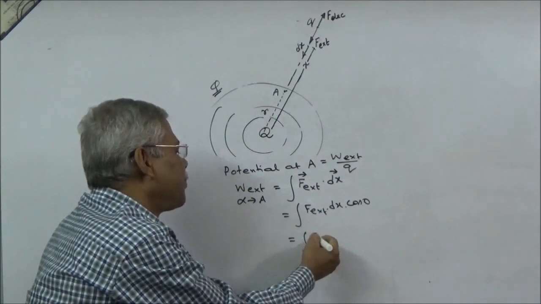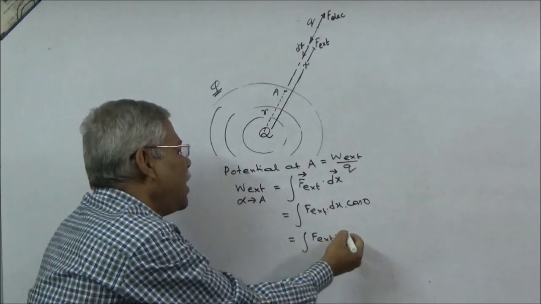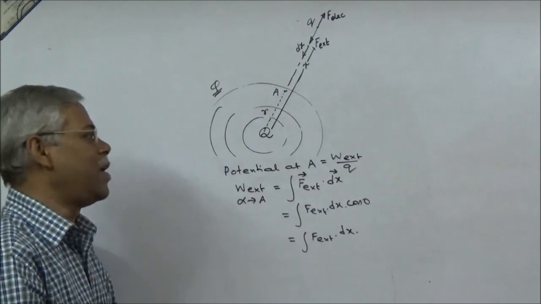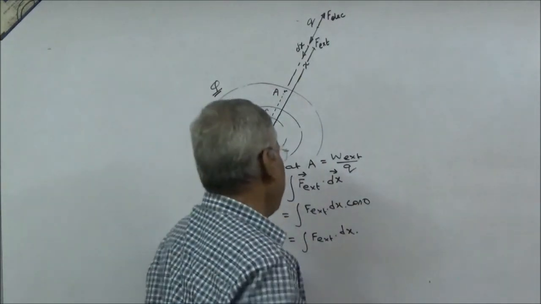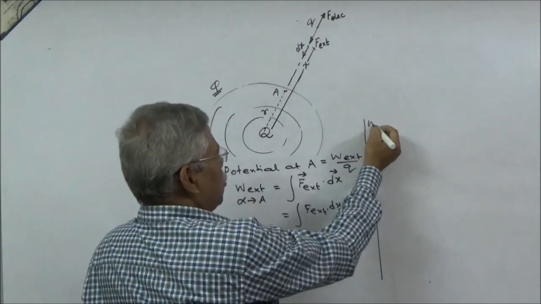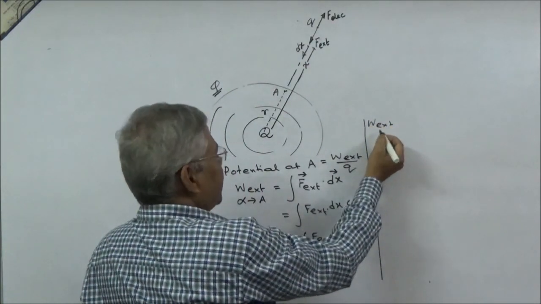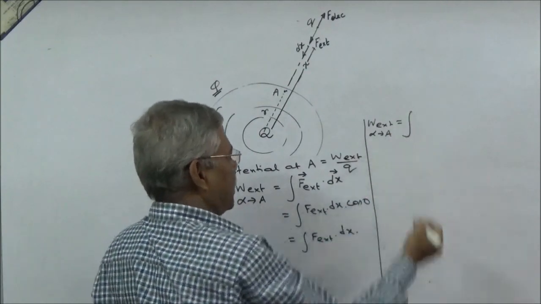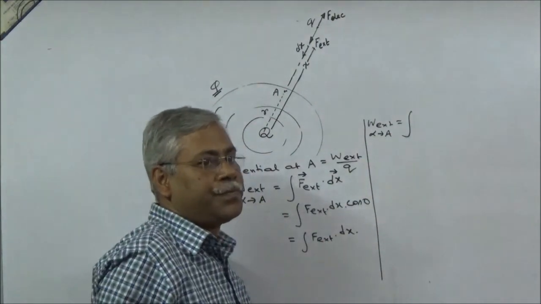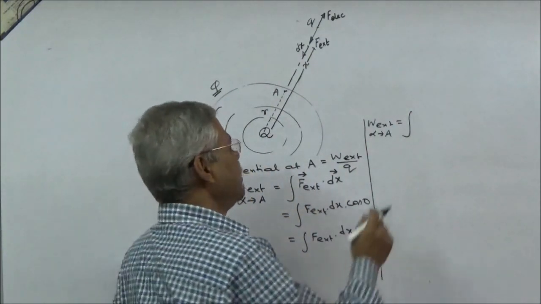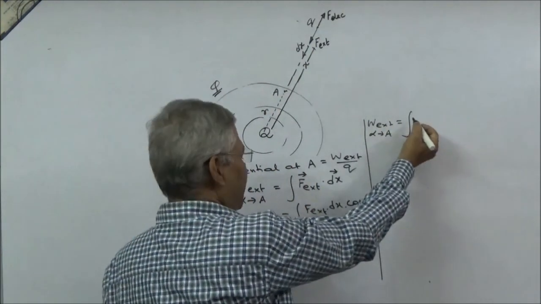Equal to integration F external into dx cos 0, which equals 1. This is W external, equal to integration F external dx.